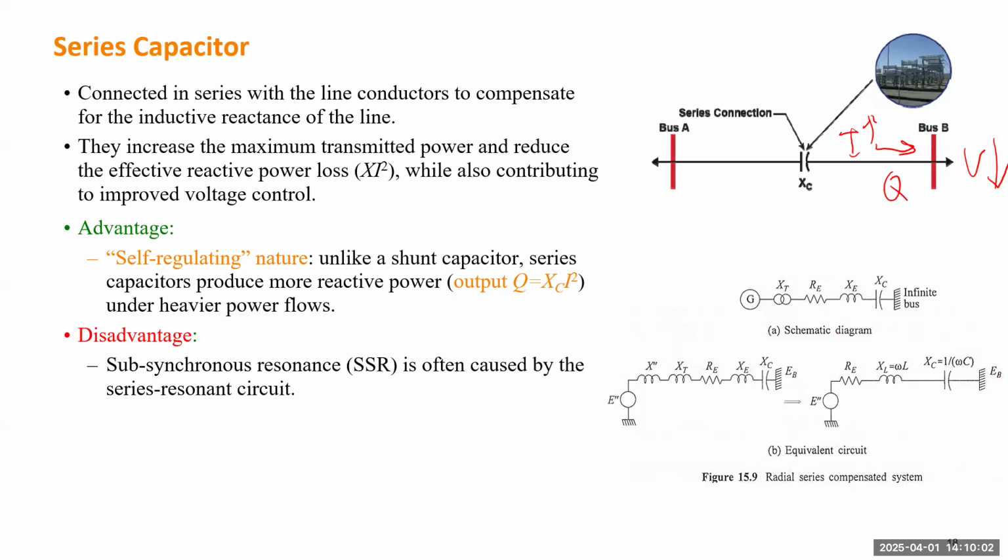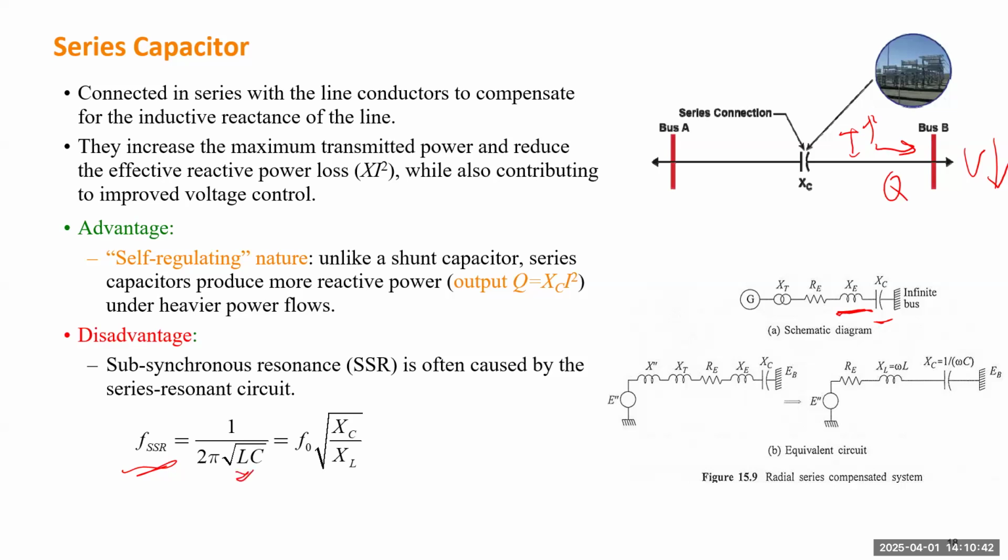But the disadvantage is that whenever you connect inductance with capacitance, that will generate a resonance circuit. The inductance will resonate with the capacitance. For instance, you have this inductive reactance connected to a capacitive reactance in series along the transmission path. You are going to generate a resonating circuit, and this circuit will generate a resonance frequency based on the formula.